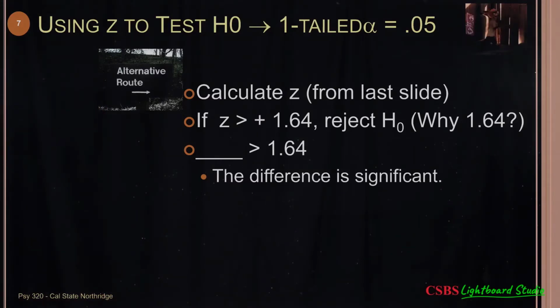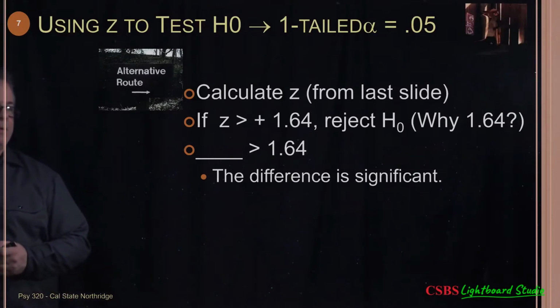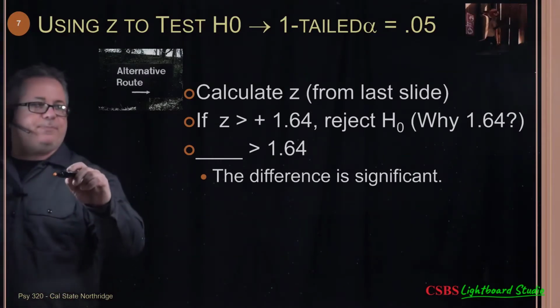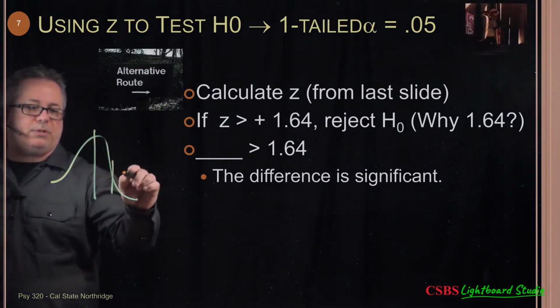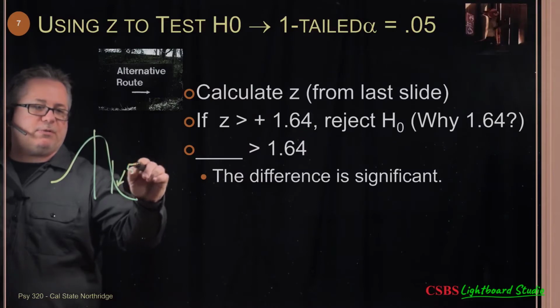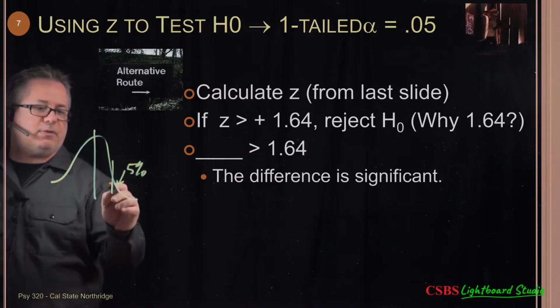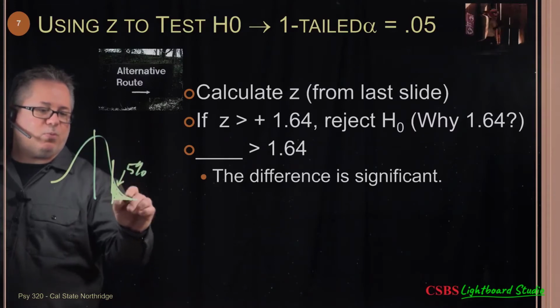In the same way we figured out what it would be for a two-tailed test, let's think about that for a one-tailed test. If I have a distribution and I want all 5% to be here, this is now all 5% of my alpha in one location.